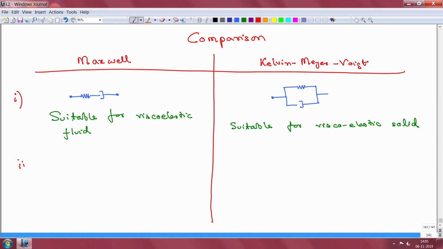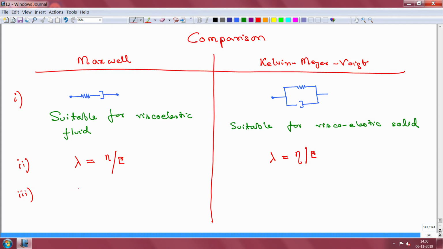We saw that in both the cases we could define a certain time scale given by eta by E. So, the response time scales for both cases look quite similar.